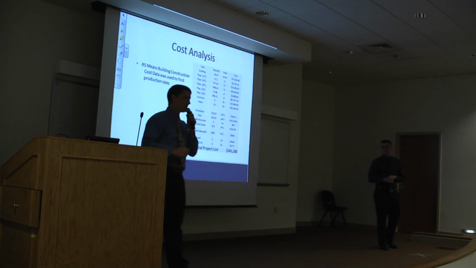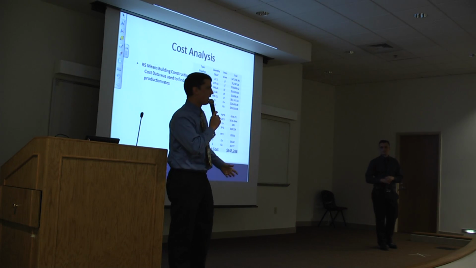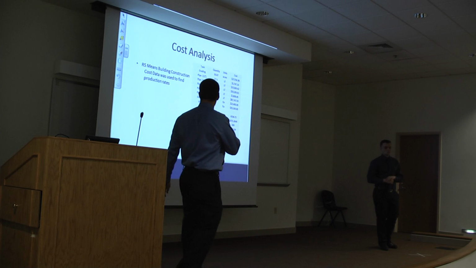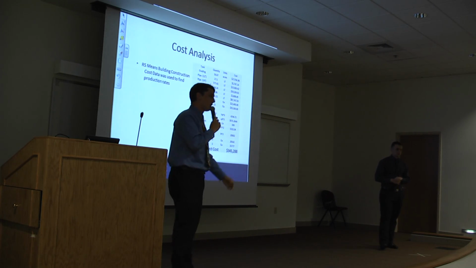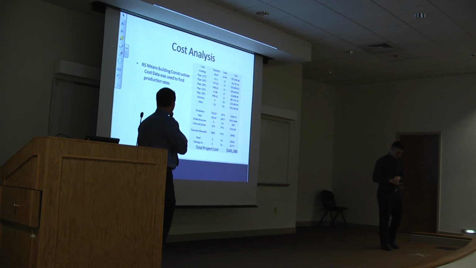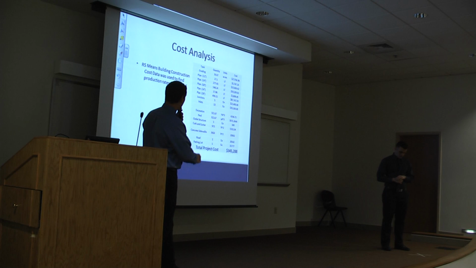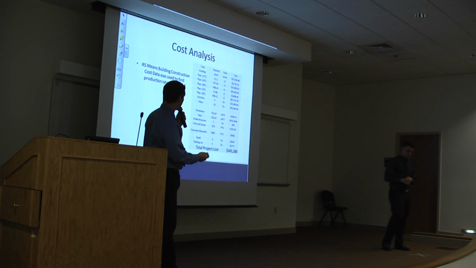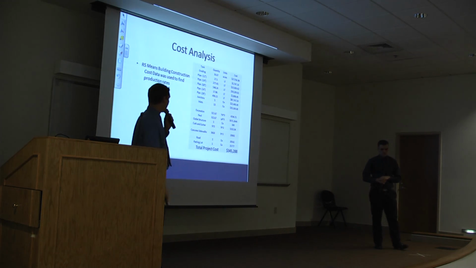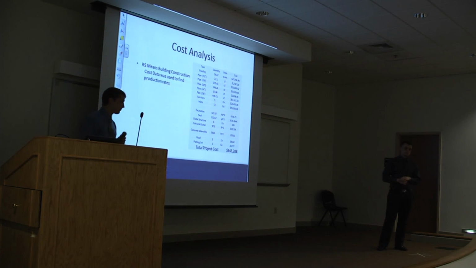And here's a cost analysis of the total project. The cost analysis was done using RS Means Building Construction Cost Data 2014. As you can see, the different quantities are in this column and the cost for each different task on the right.